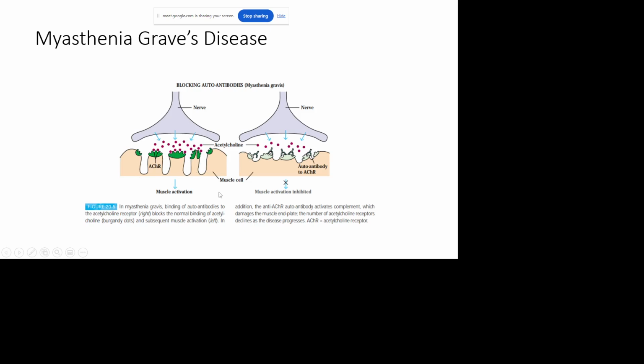muscle cell activation. But in the case of myasthenia gravis, there are some autoantibodies to the acetylcholine receptor, so they can interact with the receptor with high binding affinity. Now, as they are interacting with the acetylcholine receptor, the acetylcholine cannot bind because the binding sites are blocked by the antibody.